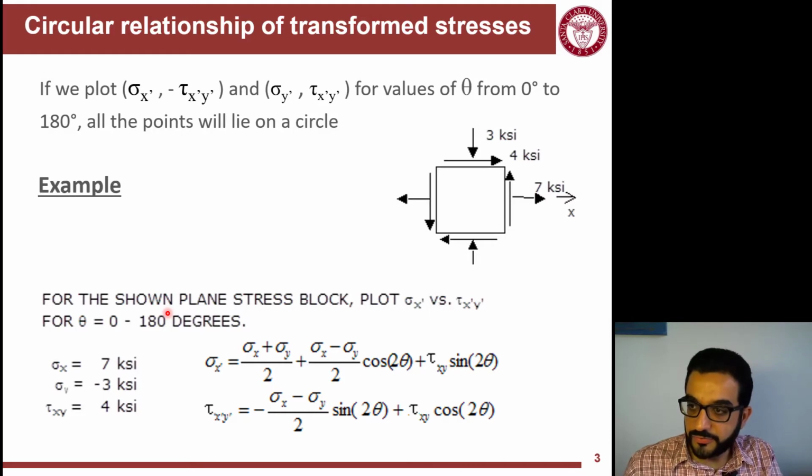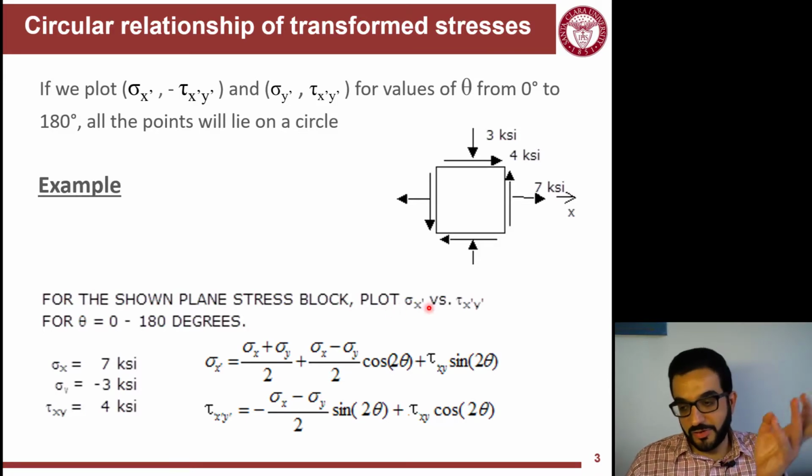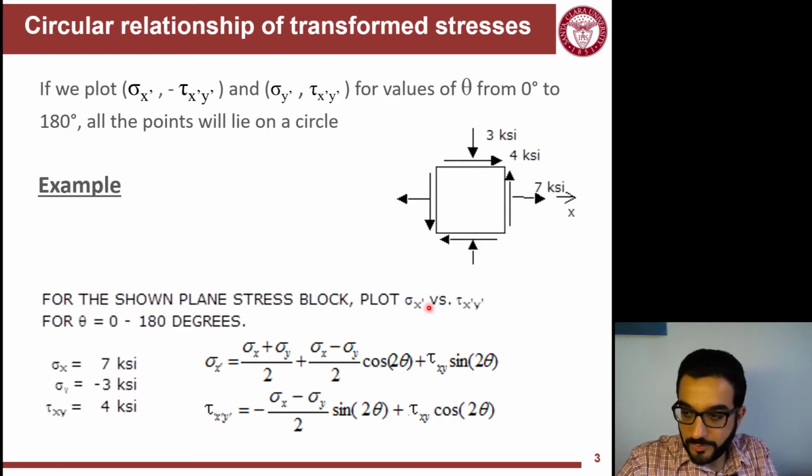We're given here this 2D stress block, with sigma x, sigma y, and tau xy. The idea is we would like to plot, using Excel, the values of sigma x prime and tau x prime for theta ranging between 0 and 180 degrees.